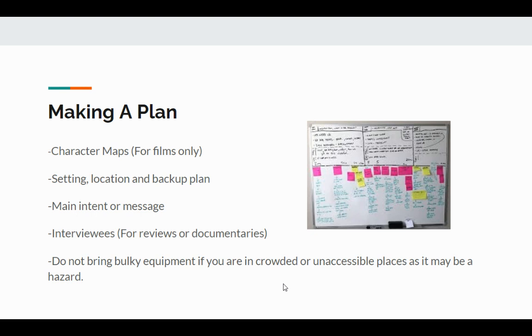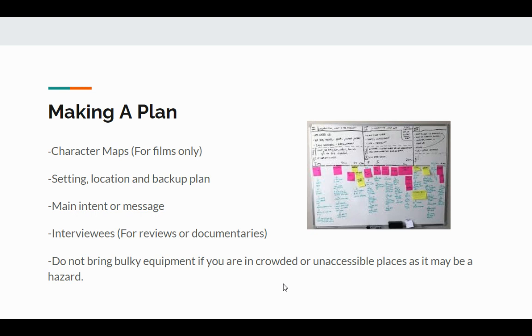Number one, I would say it attracts a lot of attention. And number two, it could be a hazard and it may block people's way. For example, it is not really acceptable to bring an entire tripod or dolly being set up outside a main entrance of the building.